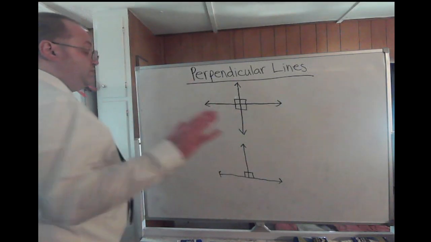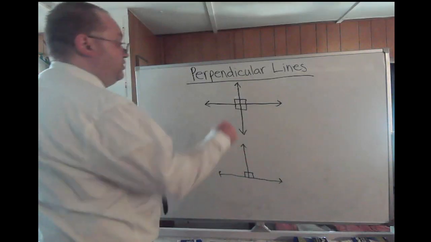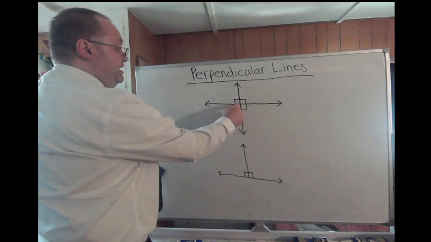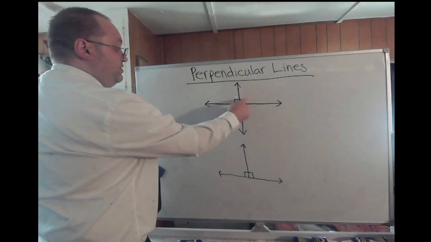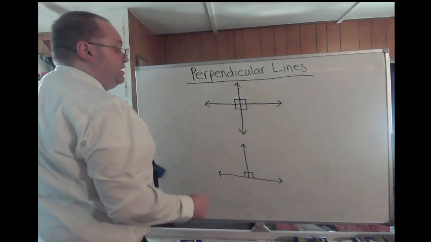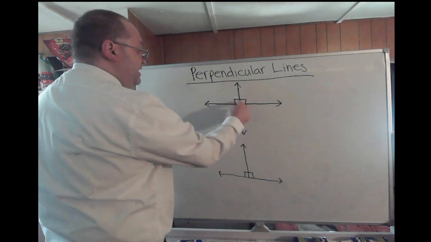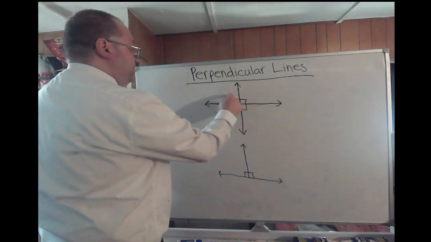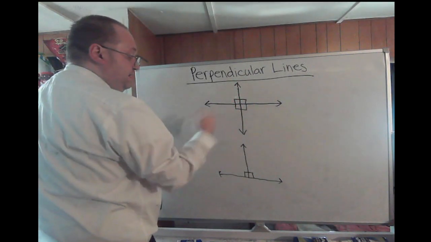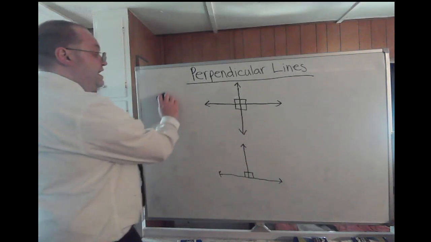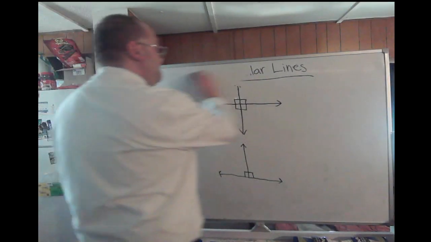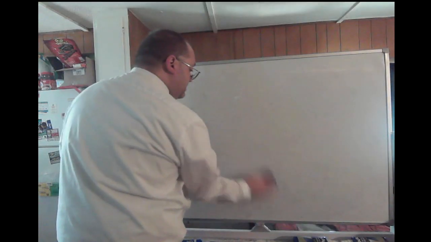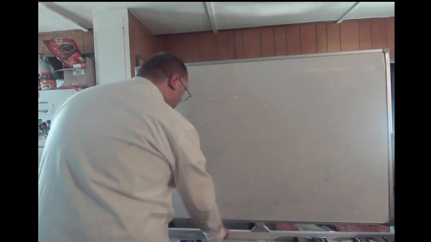And then you can also use the fact that vertical angles are congruent with perpendicular lines, that each angle diagonal from the other is congruent to each other. And then you have supplementary angles come into play also, where you have 90 plus 90 equals 180. So that kind of ties them all together. So perpendicular lines just form right angles.